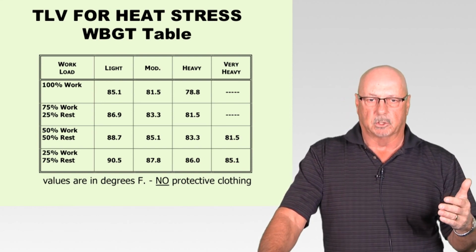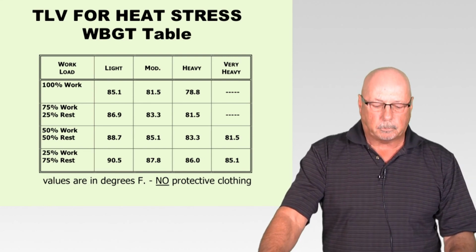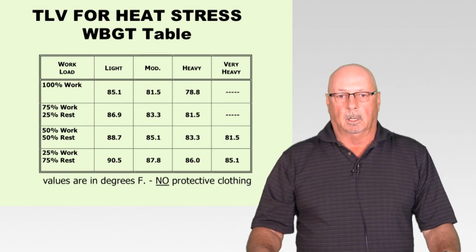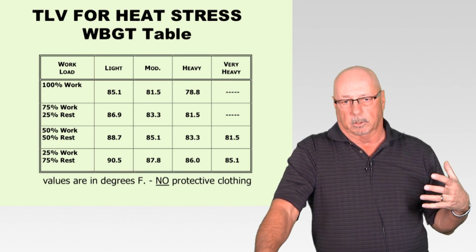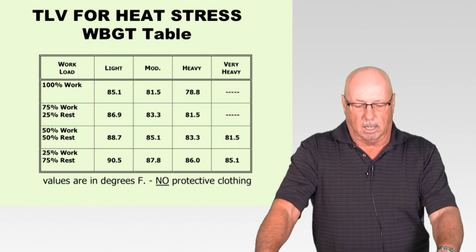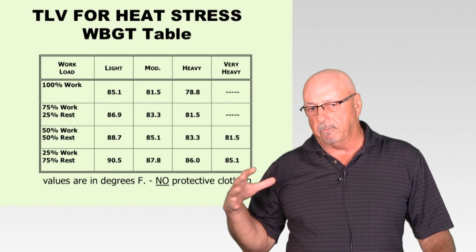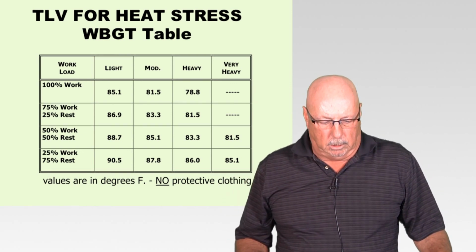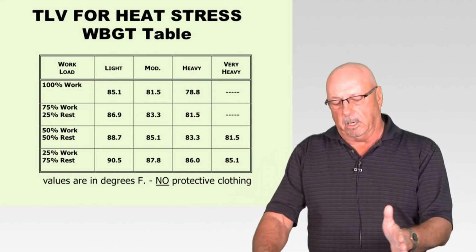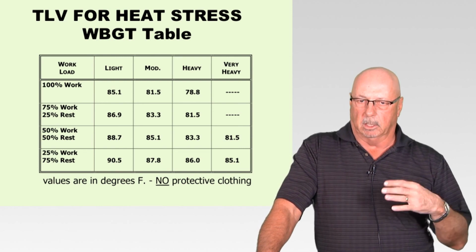It goes from 75% work to 25% rest, then 50% work-rest, and then finally 25% work and 75% rest. So in other words, if you were at that maximum there, you could work 15 minutes, then you have to rest 45 minutes. And during those rest periods, you need to be away from the ambient conditions that are creating those heat stress environments. And you can see here the values. These are WBGT values. They're not your ambient temperature values.